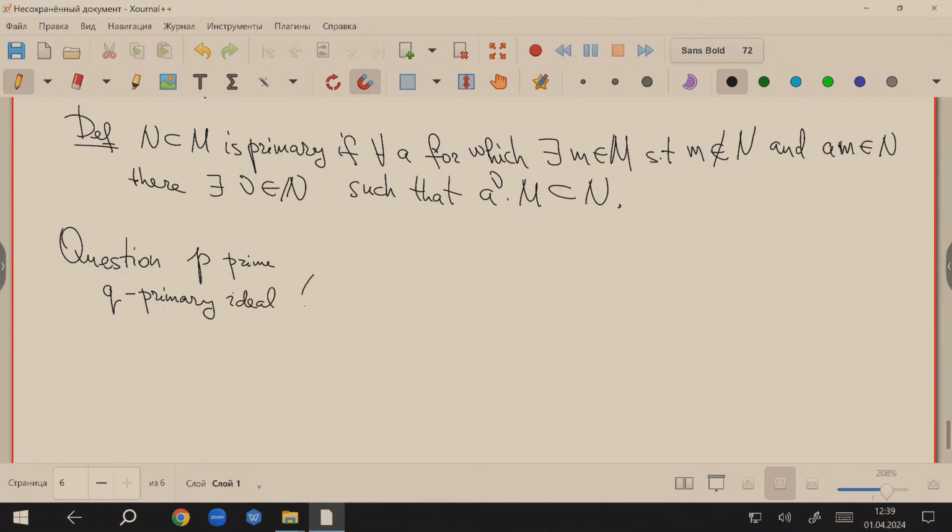These are consistent notions, so A contains Q, and this plays the role of M, and this plays the role of N. And the same for primary: there exists an a such that ab belongs to Q, and a is not in Q. So this tells you that b is in Q.